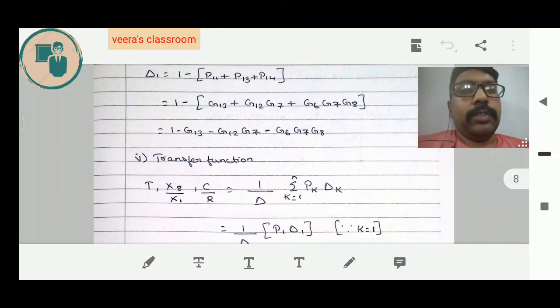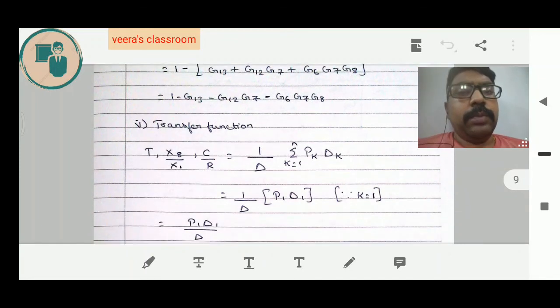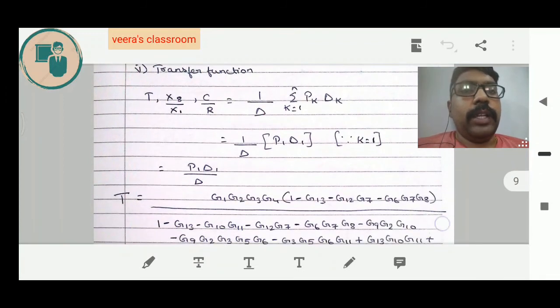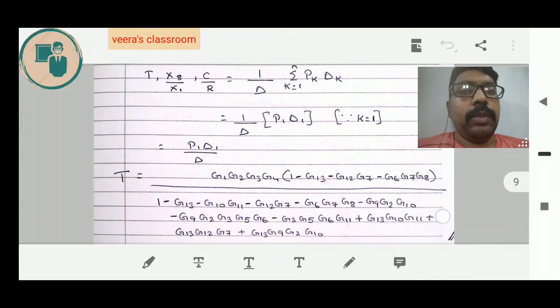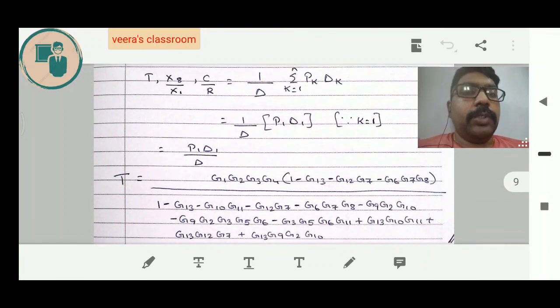The transfer function is 1 by del, summation of Pk del k. The value of k is 1, so the formula becomes simpler: P1 del 1 by del. We substitute the values. P1 is G1 G2 G3 G4.